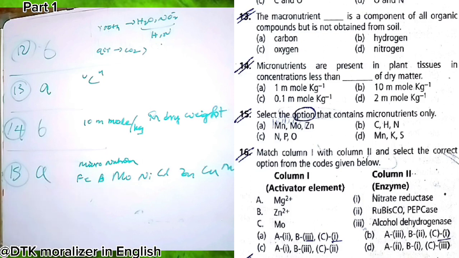These are micronutrients which are less than 10 millimoles per kg in dry weight, which are less required but they are essential. Now question number 16.